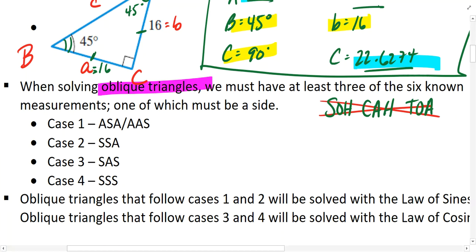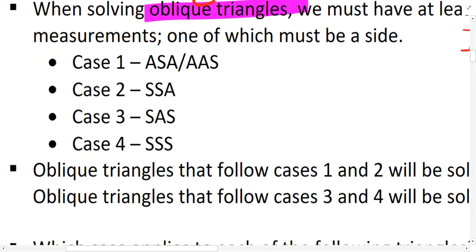So for our new concept, what we're going to note is that there are four different cases, if you will, of non-right triangles. And these phrases should look familiar to you had you taken a geometry class prior to this, where the letters A and S stand for the words angle and side.